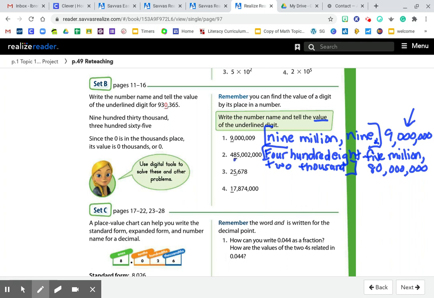The next one, 25,678. We write out the word form, or the number name they call it in this series. 25,000.